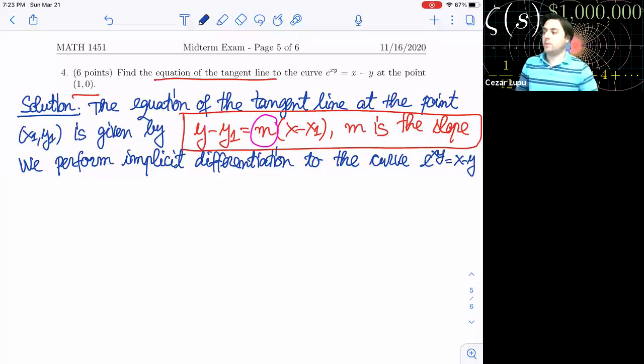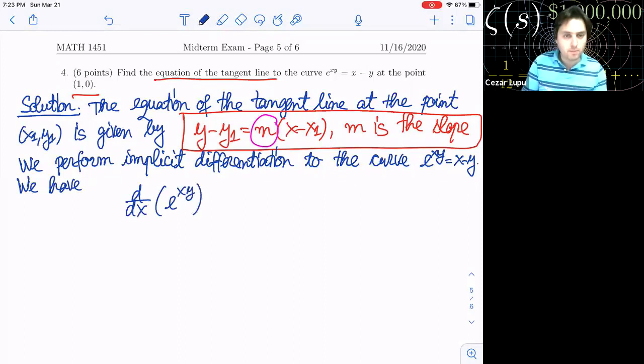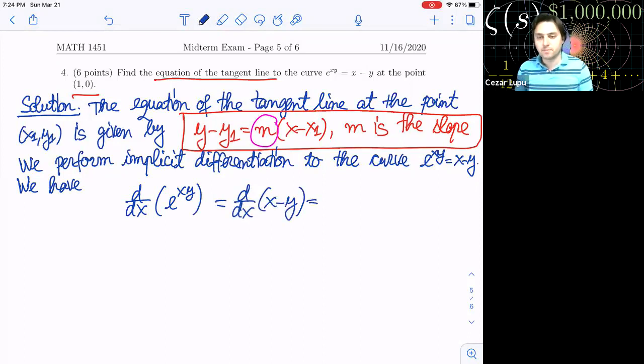So now let's see, what do we have? d over dx of e to the power xy. We perform implicit differentiation with respect to x. And this will be d over dx of x minus y. Now can you tell me, what do we get on the right-hand side?